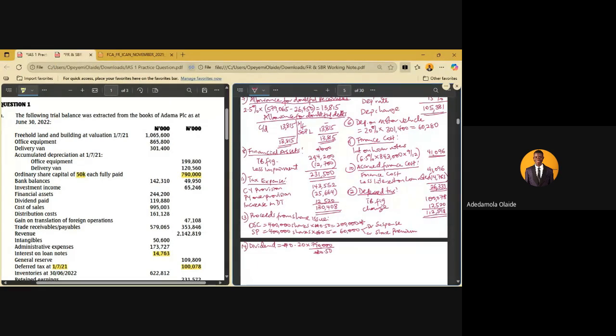This will give us the number of shares, which is 316,000.